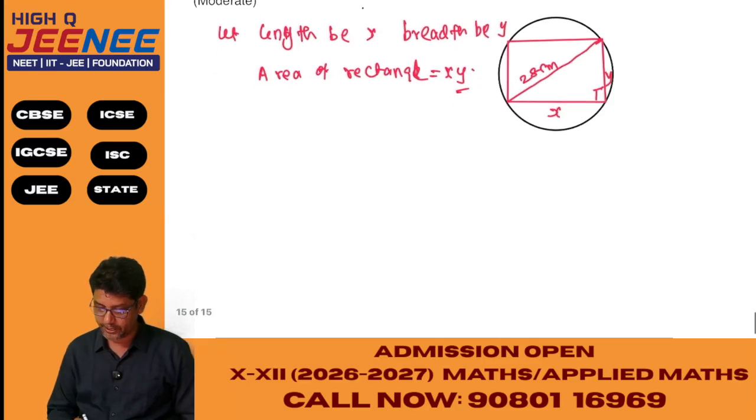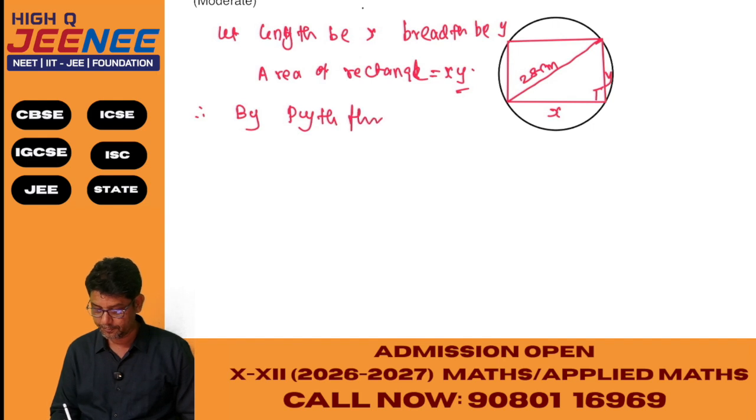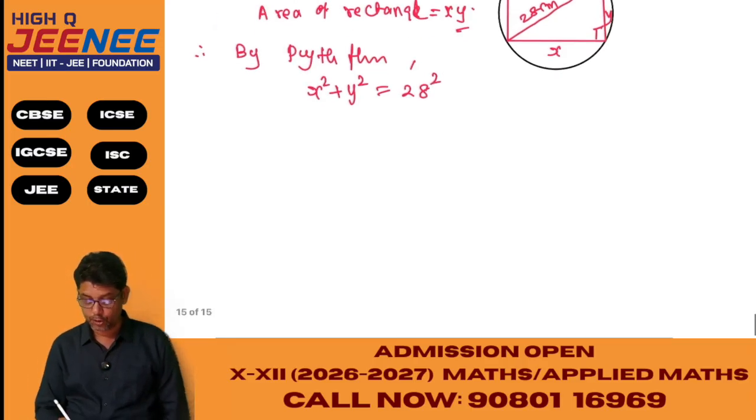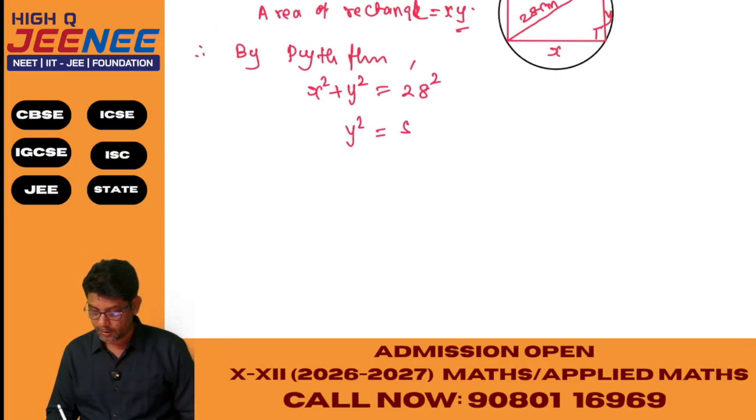Now by Pythagoras theorem, x square plus y square is equal to 28 square. So y square is equal to 576 minus x square. What is y? Root of 576 minus x square.